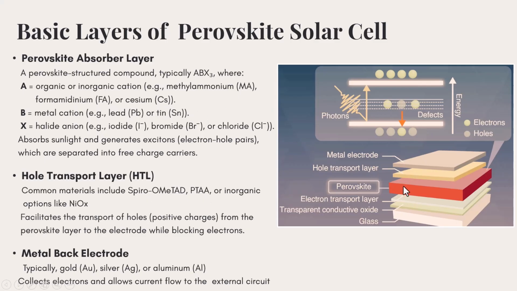The next one is the perovskite layer. The perovskite layer is the active layer, or the absorber layer, of this solar cell. It is made up of a perovskite structured compound that usually has the ABX3 structure, where A is an organic or inorganic cation, for example methylammonium, formamidinium or cesium.